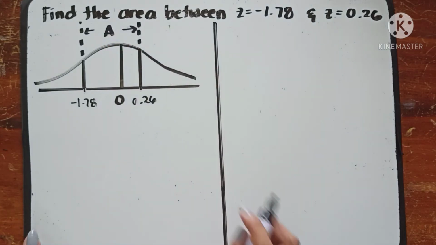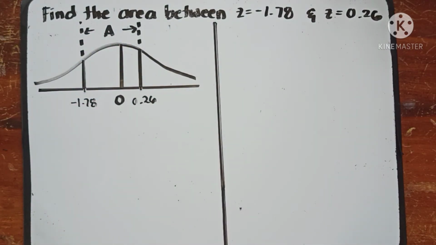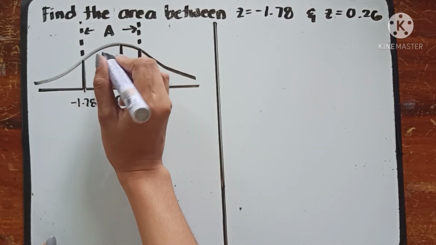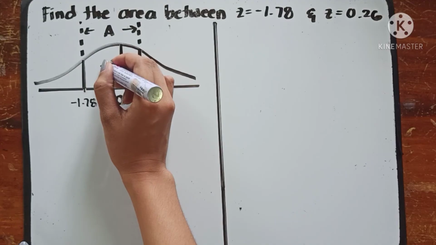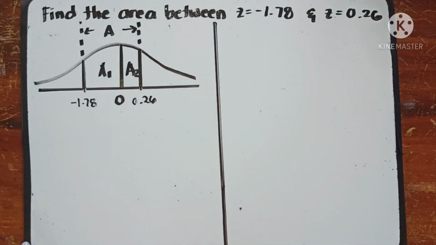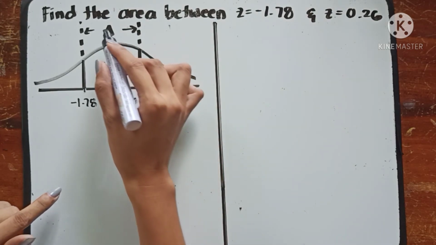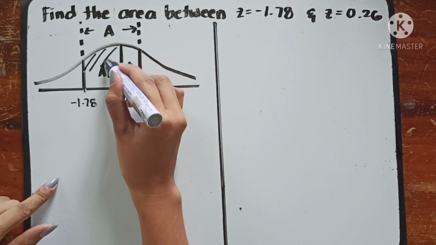So, ito yung hinahanap mong area. Ayan yung value na hinahanap mo or yung A na hinahanap natin. Okay? So, ibig sabihin, to find the A, kailangan natin ng A sub 1, kailangan natin ng A sub 2. Okay, so left to right tayo ulit sa A sub 1, A sub 2. So, A sub 1, this is our A sub 2. And to find the A, ito yung A na hinahanap natin.